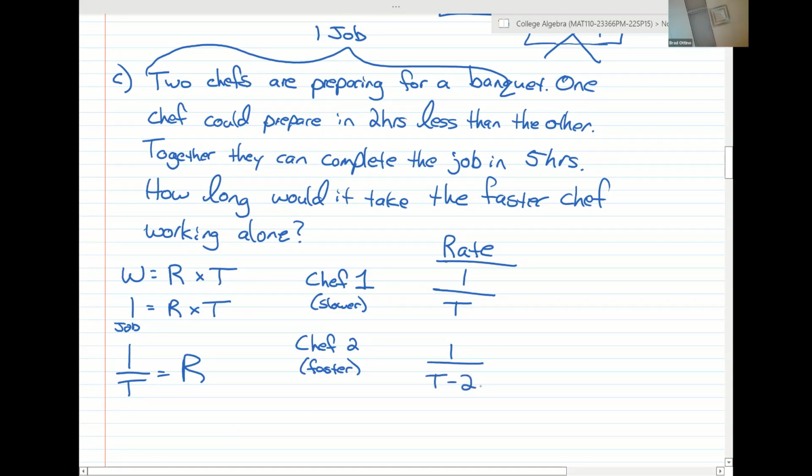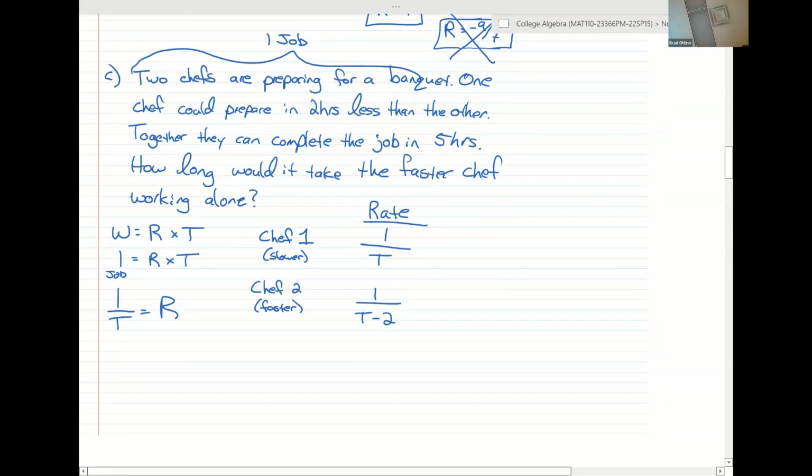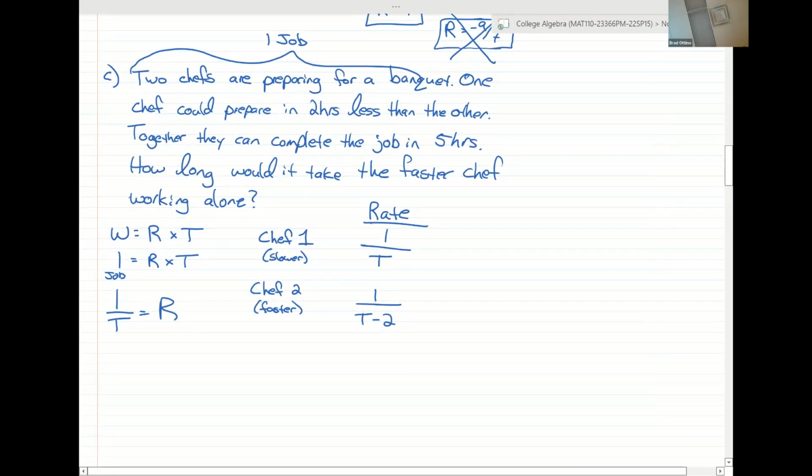So you take the slower chef's time and you subtract it by 2. The time that we're using for both of these, and remember t is however long it takes the slower chef to do it, the time for each chef is going to be 5 hours.